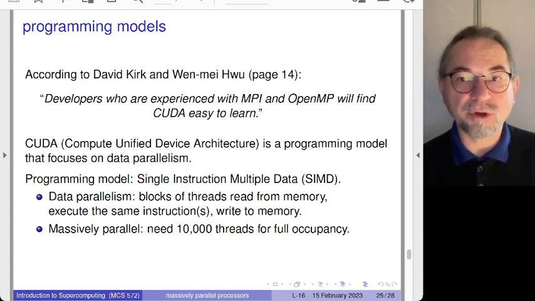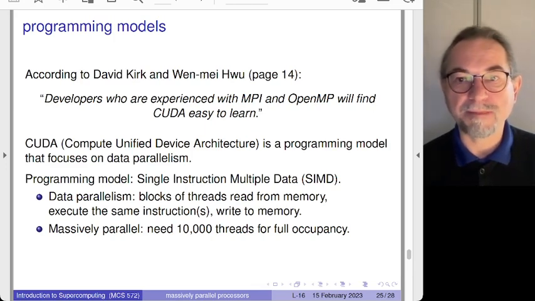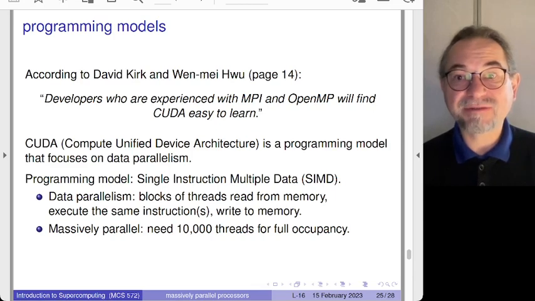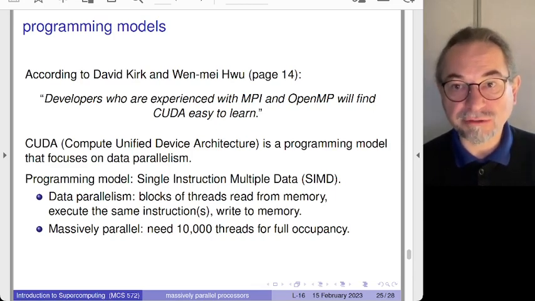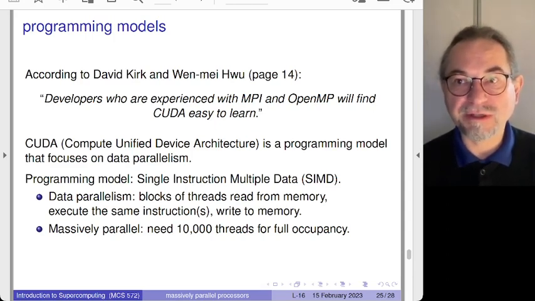The programming model, so we started this course with the Flynn classification, and with message passing we were using single program multiple data. Here actually we have single instruction multiple data. So we are using a much finer grained level of parallelism.